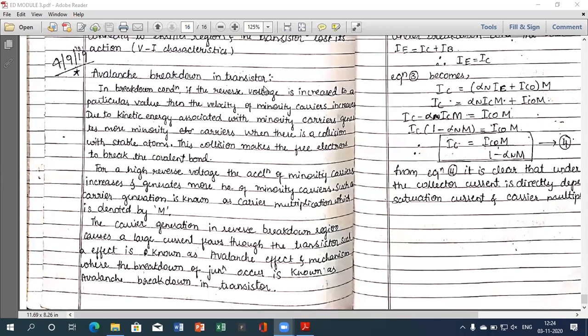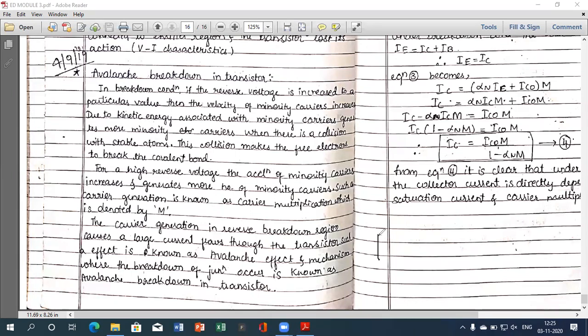Avalanche breakdown is, first of all, always used in a reverse bias condition. We also call this the breakdown condition. Now we will assume what happens when the transistor operates in reverse bias condition, the same thing I discussed in the previous topic. Here I take the collector base junction.